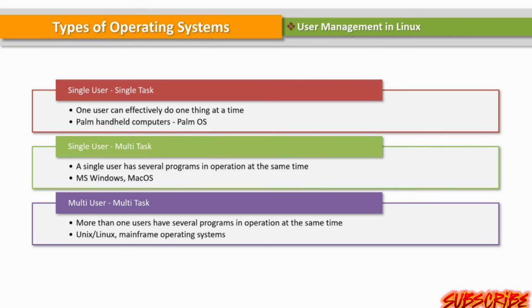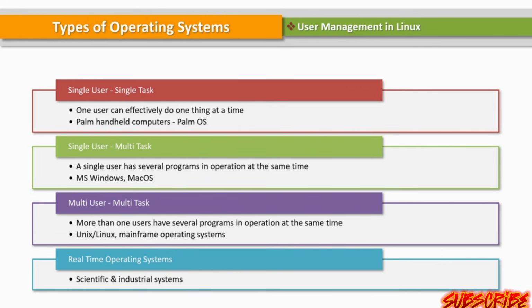Unix, VMS, and mainframe operating systems such as MVS are some examples of multi-user operating systems. RTOS, or real-time operating systems, are used to control machinery, scientific instruments, as well as industrial systems.